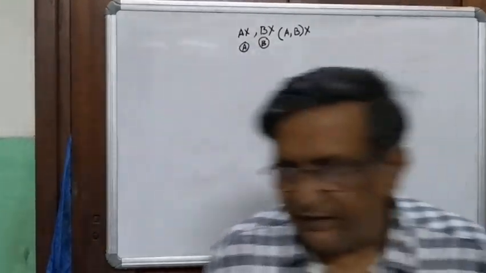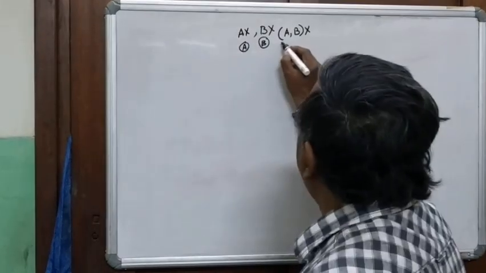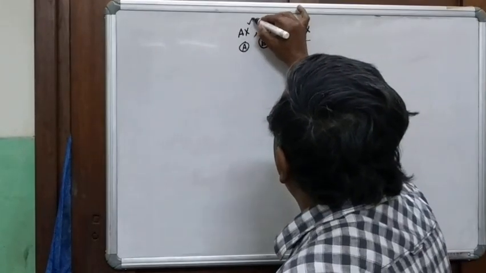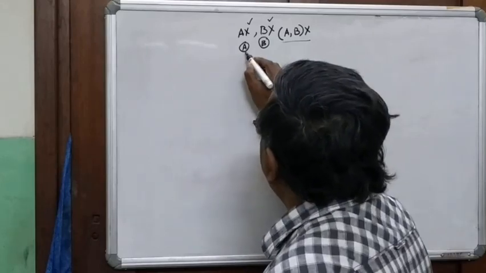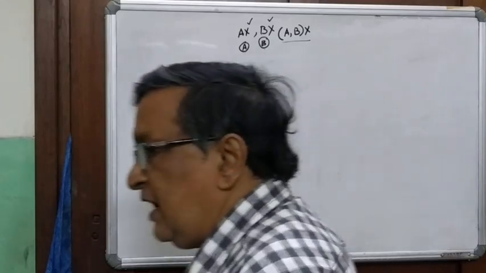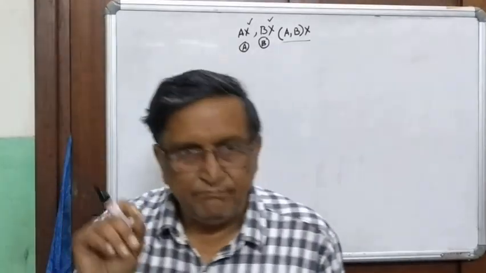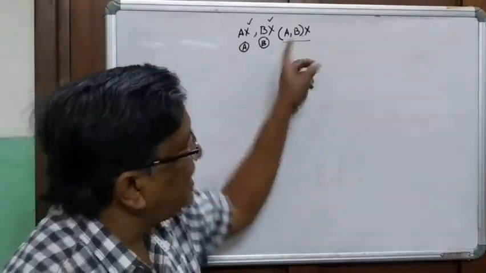So we start with a phase ABX, of which there are two components, AX and BX, and these are called A and B, phase components of AX and BX.